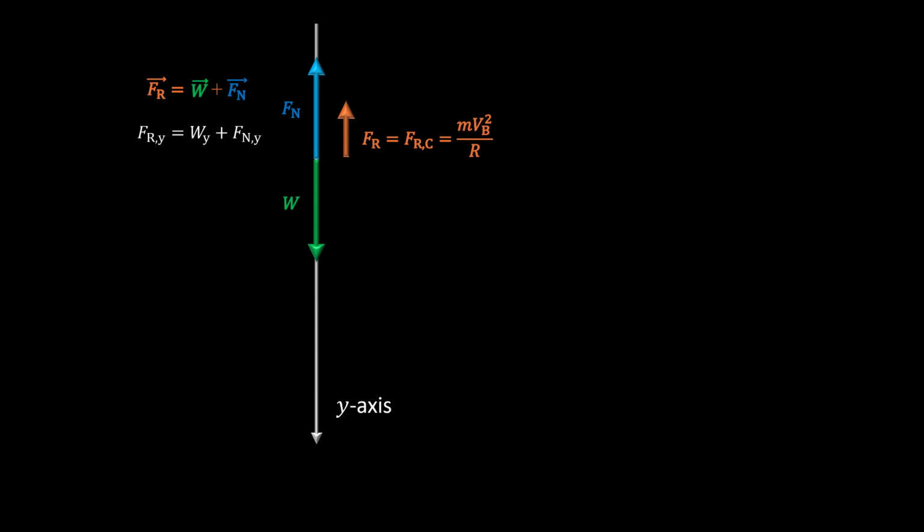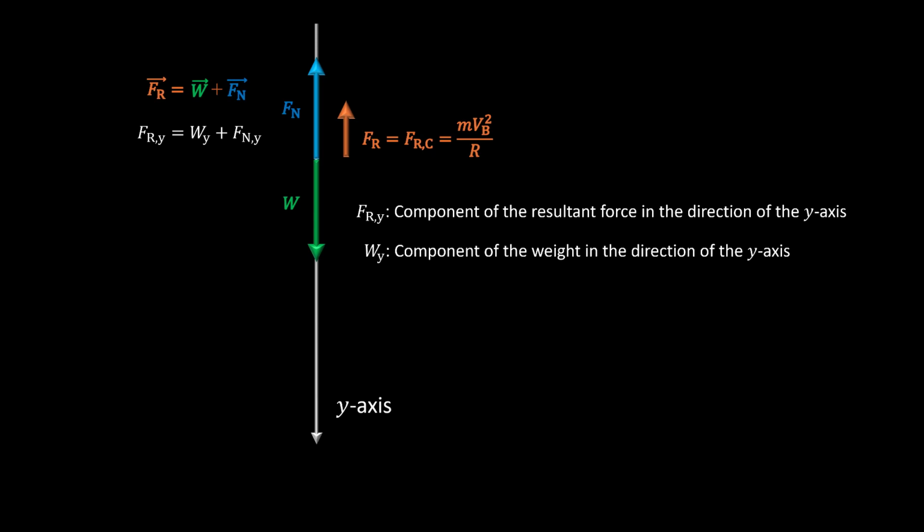Fry equals Wy plus Fny, where Fry is the component of the resultant force in the direction of the y-axis. Wy is the component of the weight in the direction of the y-axis.